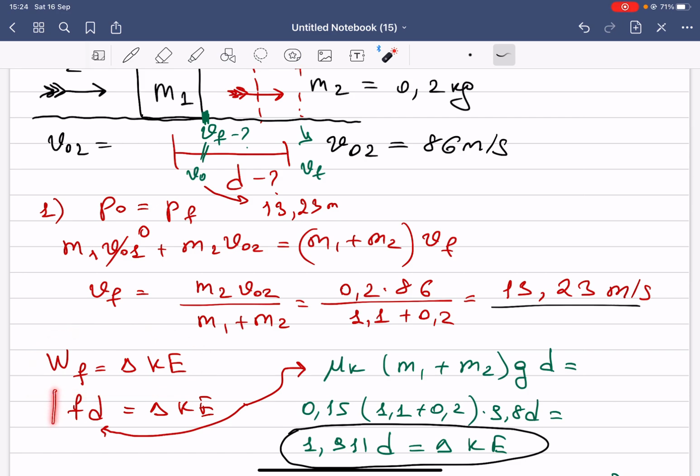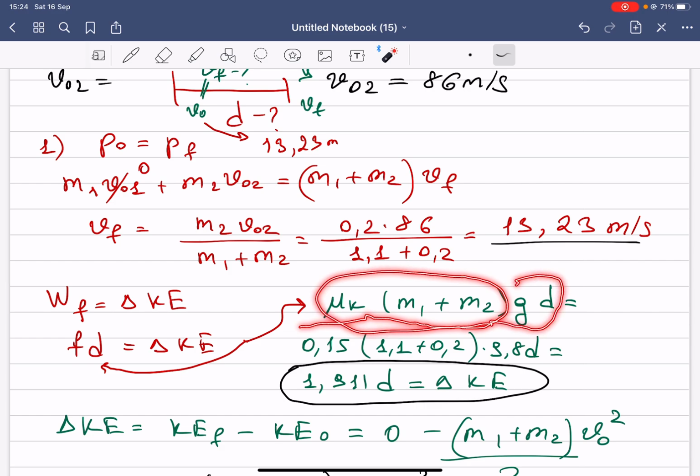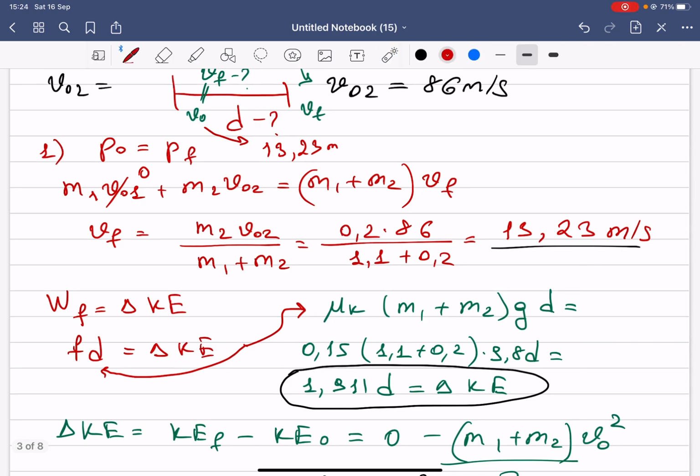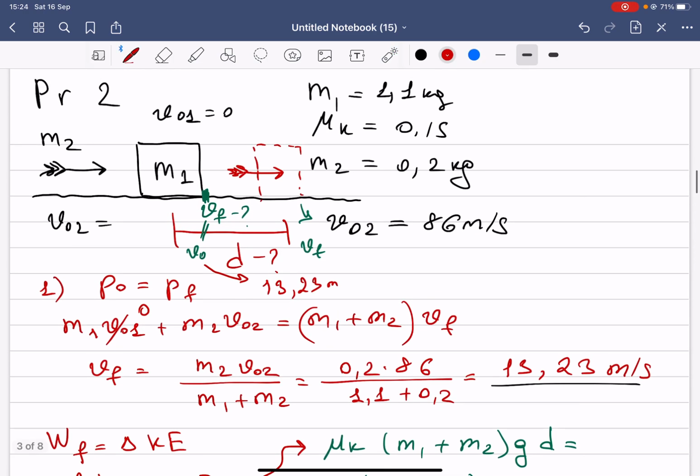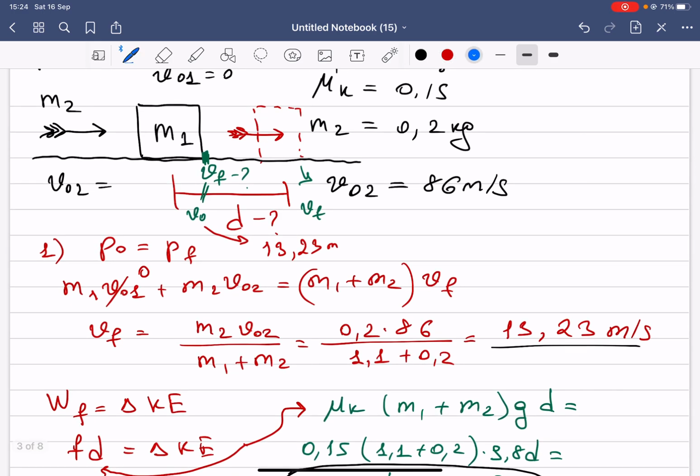So our work done by friction is equal to the friction force multiplied by the distance, which is equal to the change in kinetic energy. The friction force itself is equal to mu k times the normal force, and since the arrow and the block stuck together, we use m1 plus m2 multiplied by g, multiplied by the distance, okay. The normal force is mg, so the friction force is mu times the normal force, correct?